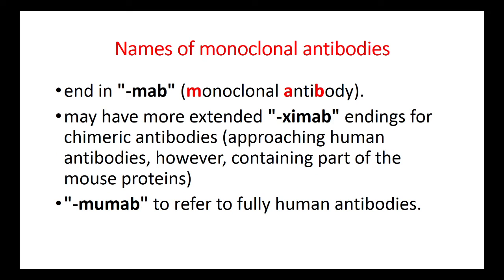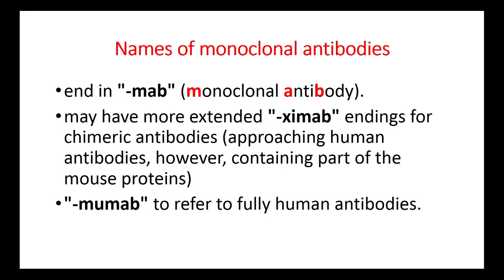Next, it is how the names of monoclonal antibodies happen. It ends in MAB: M from monoclonal, A from anti, and B from body. Also, it may have a more extended form, like CMAB.